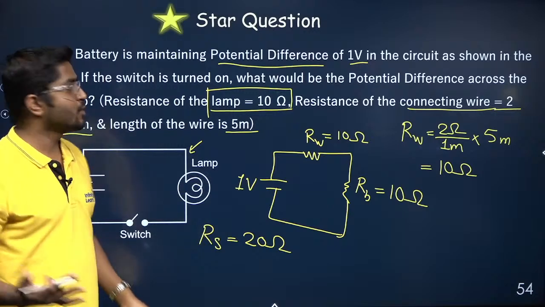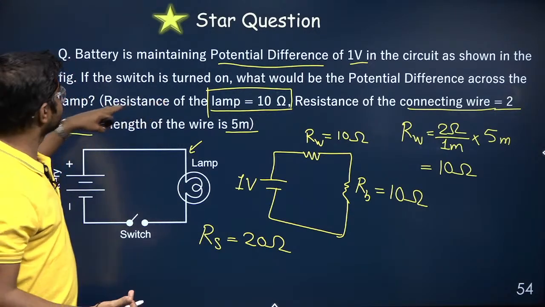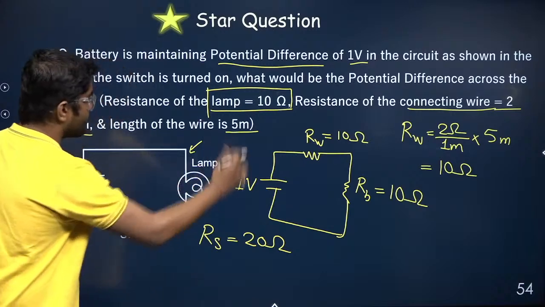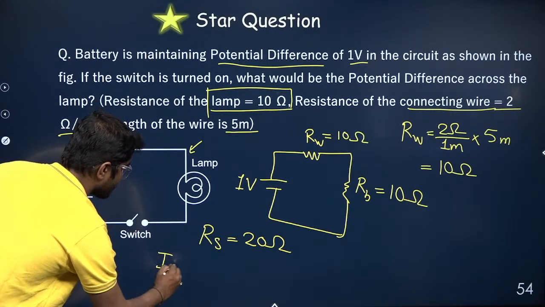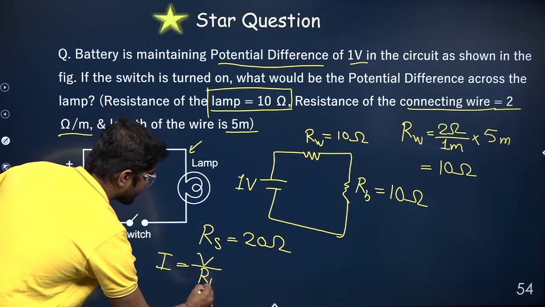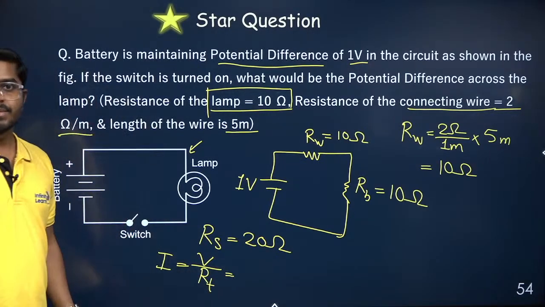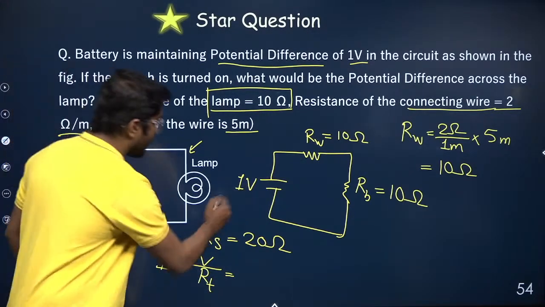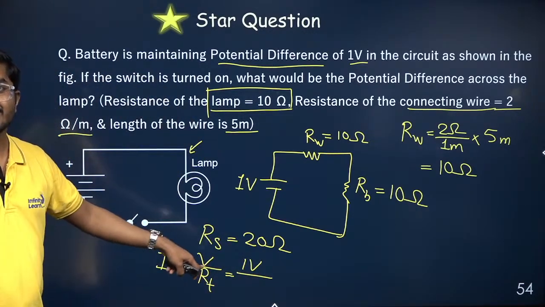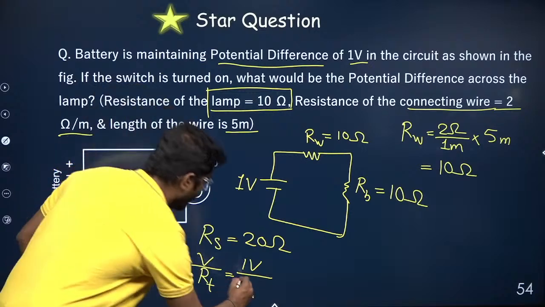Now use Ohm's law to calculate the current. So the current which is flowing through this circuit would be how much? Current is voltage divided by total resistance. So what is the voltage? It is 1 volt divided by the total resistance value, which is 20 ohms.